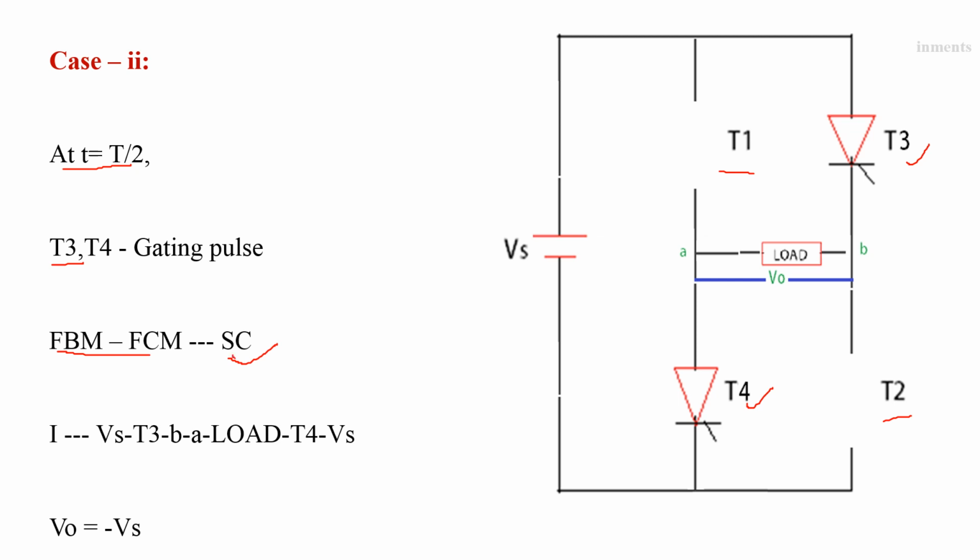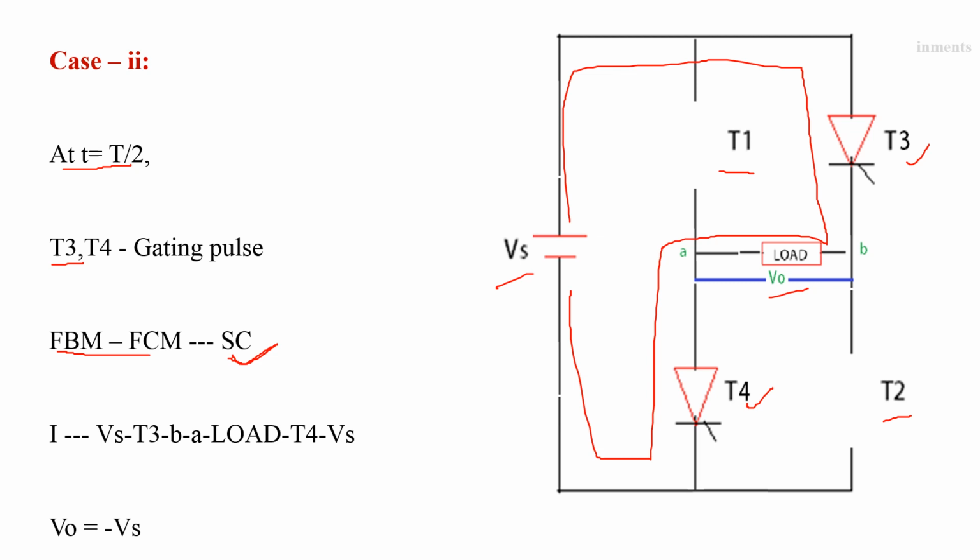Due to the conducting of these 2 thyristors, there is a path for current from source to load in the direction of Vs plus, thyristor T3, terminal B, load, terminal A, T4 and Vs minus, and total input voltage going to appear across the load, that is V0 is equal to minus Vs.